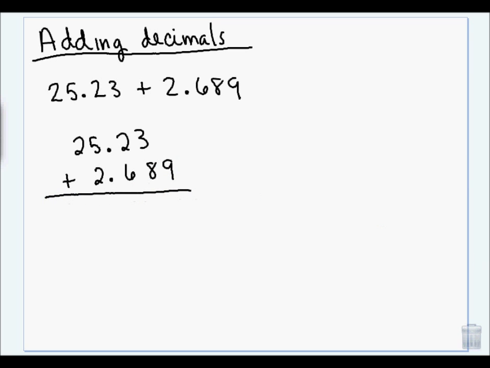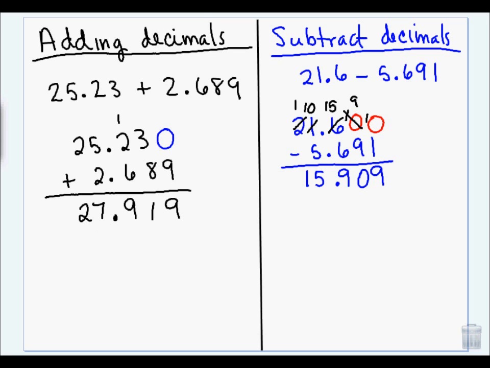If you need to, there's an invisible 0 right there. And then add just as normal. Carry down your decimal. Questions on that one?